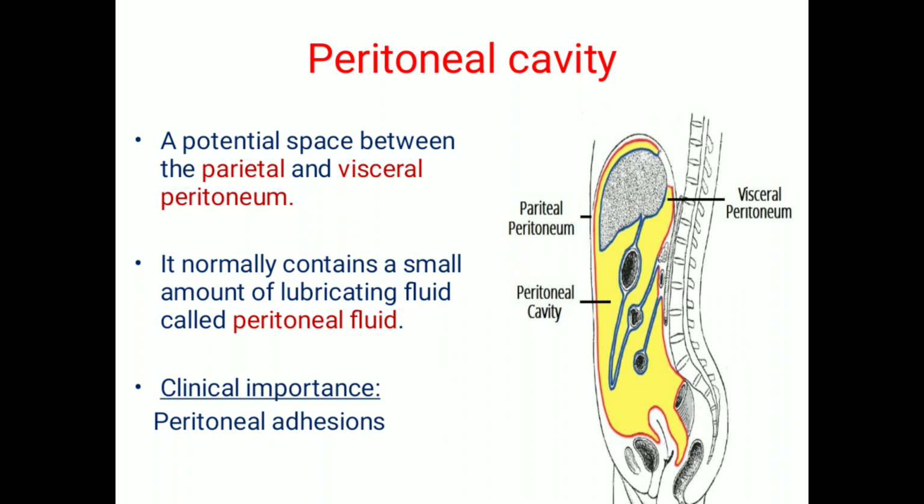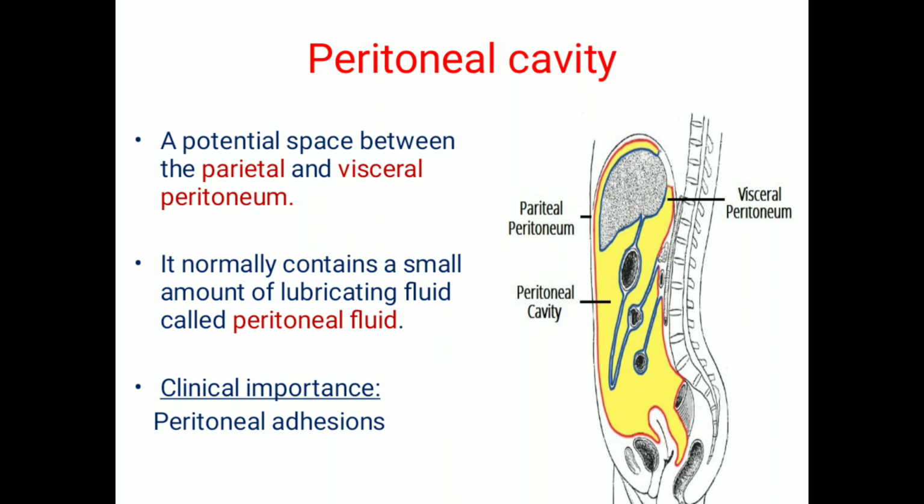What is the clinical importance? Clinical importance is the peritoneal adhesion. So what happens in peritoneal adhesion? There is damage to the peritoneum as a result of infection, surgery or injury. The resulting inflammation and the repair may cause the formation of fibrous scar tissue.